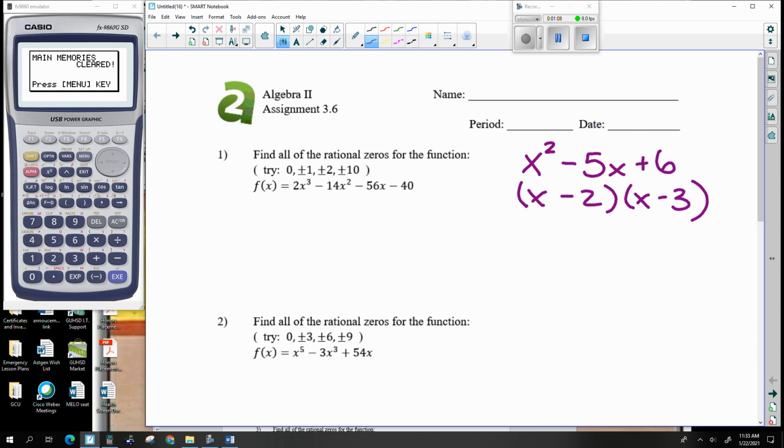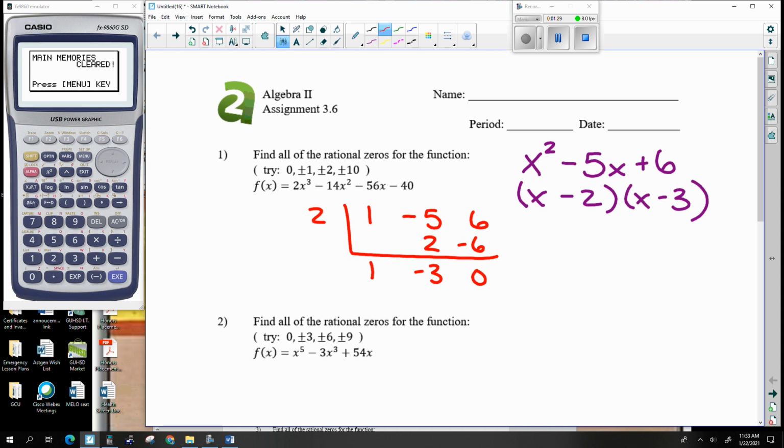Or I could take that original problem, 1, -5, and 6, and test it out with a specific number. I'm going to test 2, so I synthetically divide. And if I get a 0, huzzah, that is a 0.